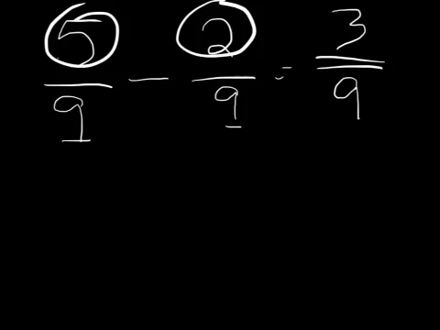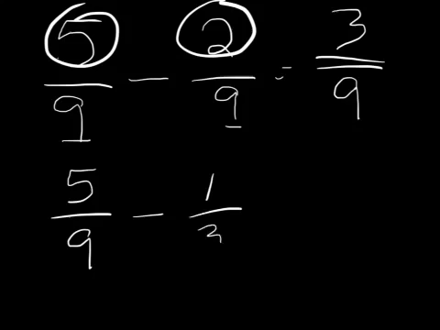Pretty common sense. In the same way, if you have different denominators, like say you had 5 ninths minus a third, you use the exact same strategies you used for adding fractions. You can't subtract thirds from ninths.